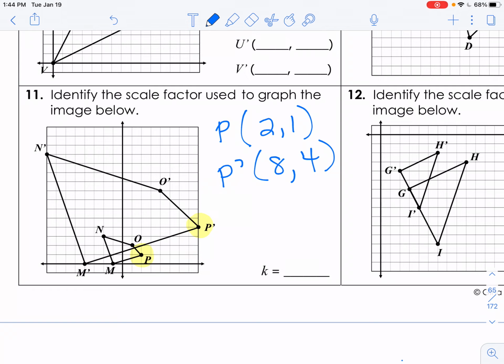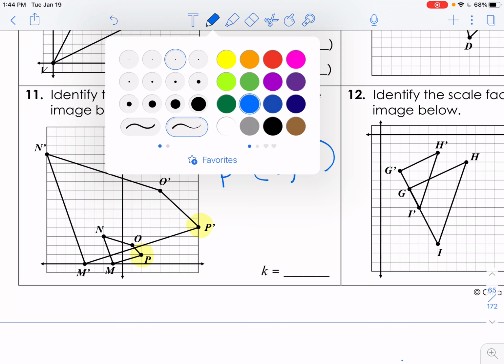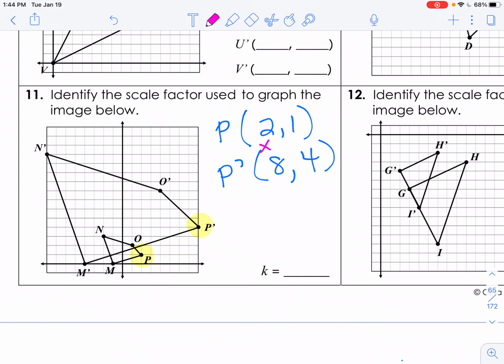And this one isn't too challenging because I know I would have to multiply by 4 to get that, because 2 times 4 is 8 and 1 times 4 is 4. So my scale factor is 4, which makes sense because I'm starting out with this smaller object here, and if I multiply it by 4, it's going to get much bigger, just like that one right there.